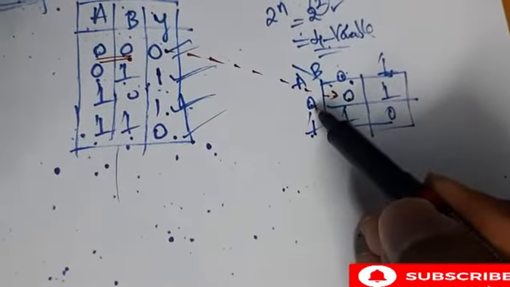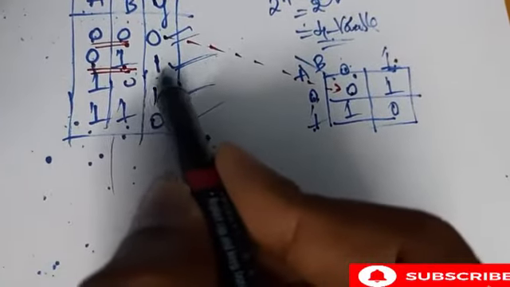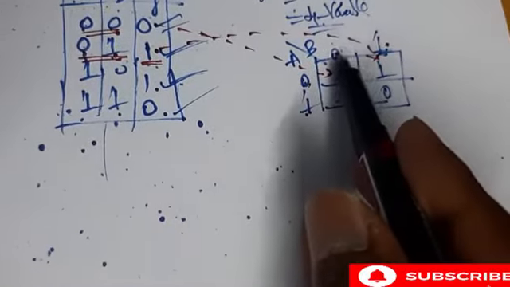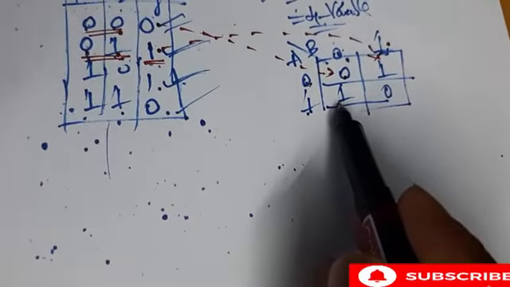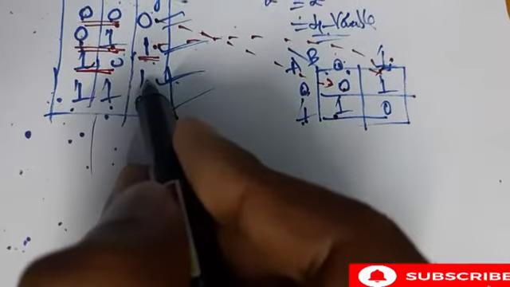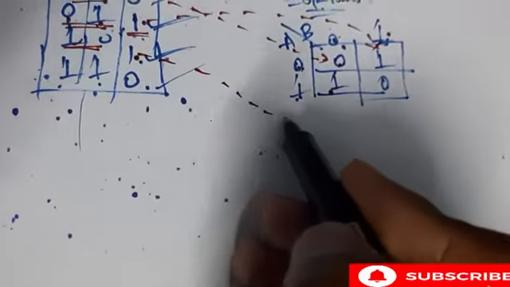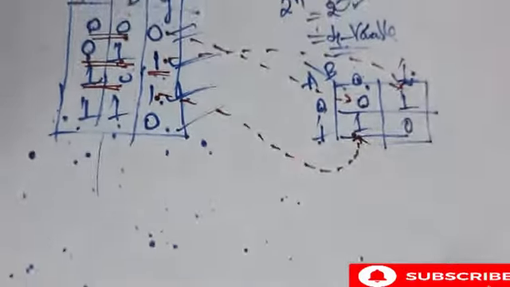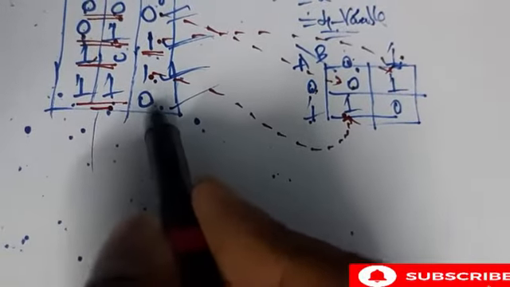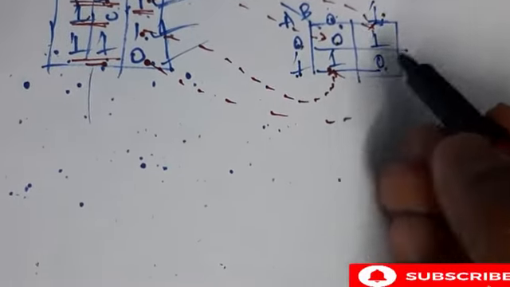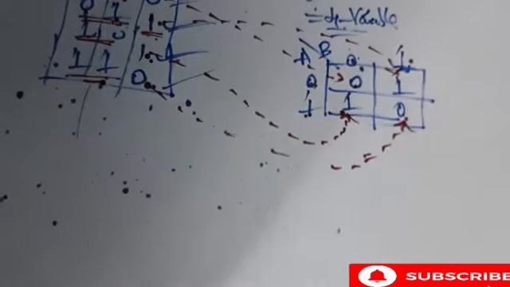For the 0 1 combination you get the output 1, represented like this. For the 1 0 combination you get the output 1, presented in this cell. For the 1 1 combination you get the output 0. In this way you can plot the K map.